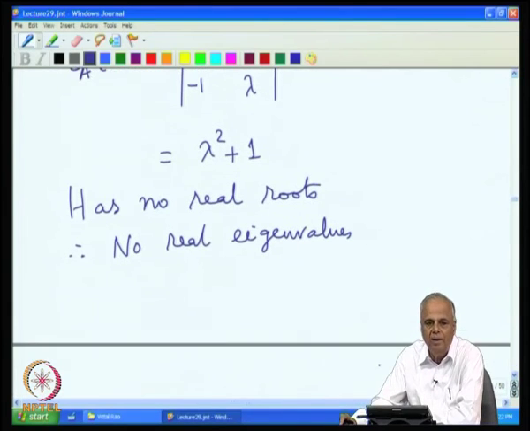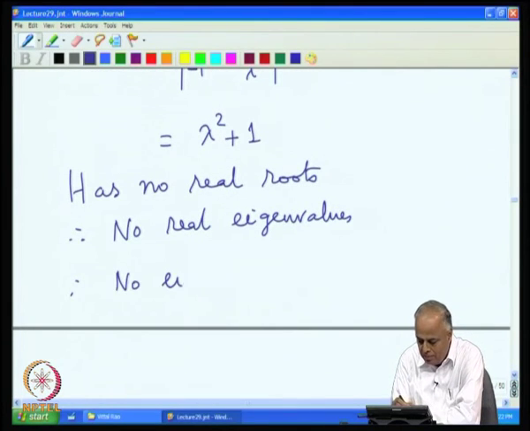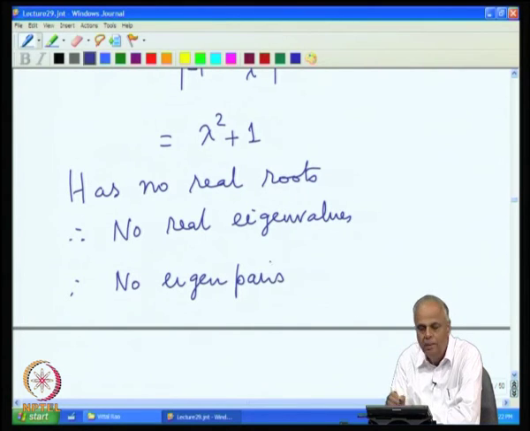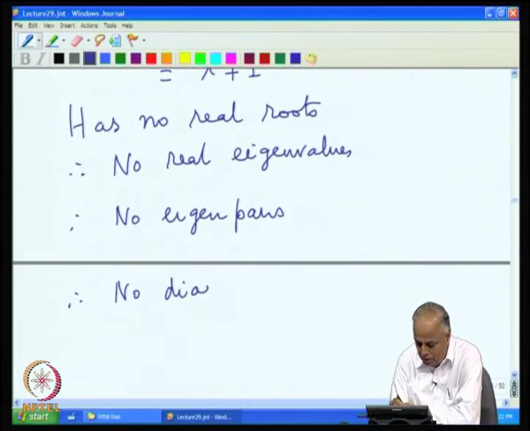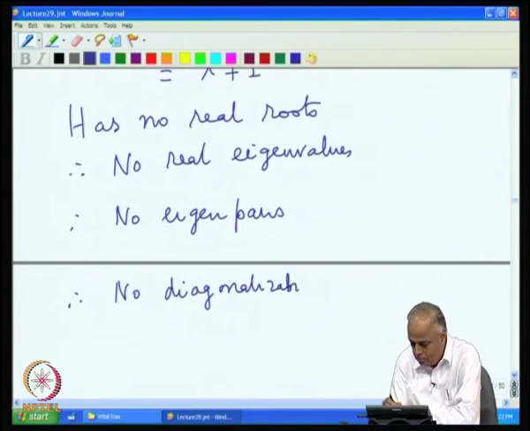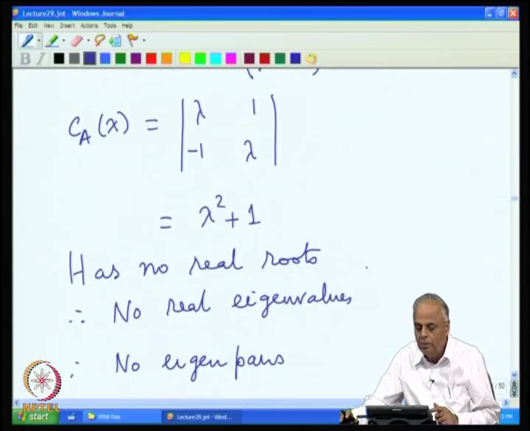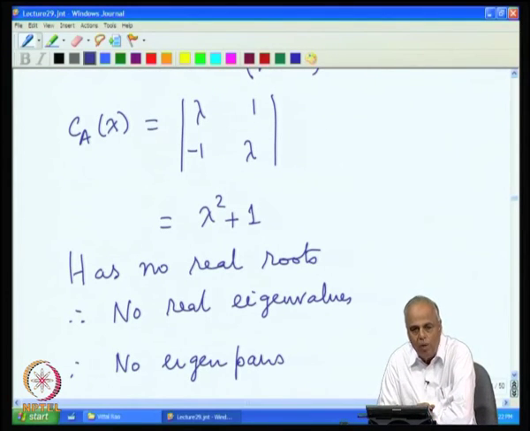The moment you do not have any eigenvalues, you have no eigenpairs. The moment you do not have eigenpairs, there is no diagonalizability over R, because we are looking at R. So, this example is a striking example in the sense that if you are dealing with real matrices and you want real diagonalizability, it is not always possible, because here is a matrix which is real, a simple 2 by 2, and it has no real eigenvalues and therefore, there is no possibility of real diagonalizability.